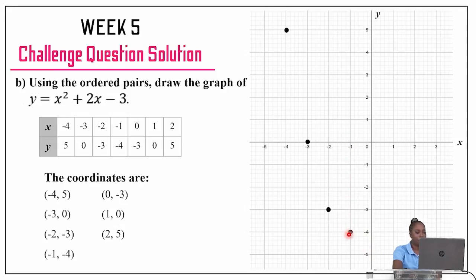And we continue following the same idea, finding the position on the x first and then the y. Our next coordinate is 0, negative 3. And so that means we're at 0 on the x-axis and negative 3 on the y.